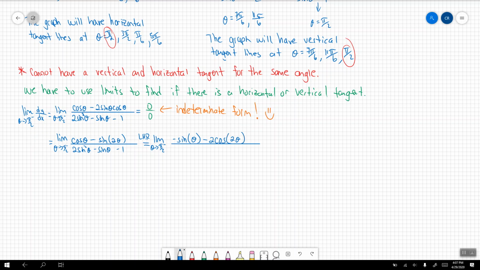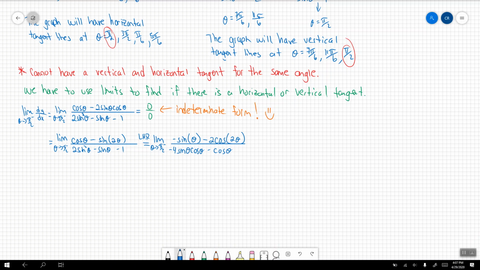So we have this for the numerator. For the denominator, dropping the exponent forward, that's 4 sine theta multiplied by the derivative of the inside, which is cosine theta, minus the derivative of sine, which is cosine theta, but carry the minus sign. And the derivative of negative 1 is just 0, so this is our derivative.